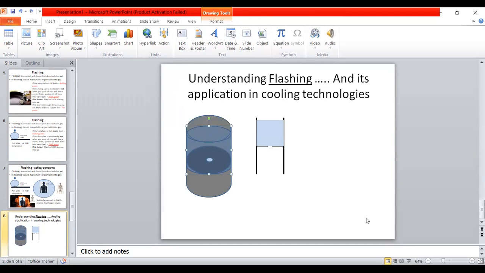That makes it unfilled. Okay, here is liquid.